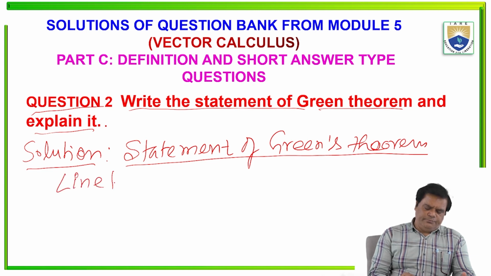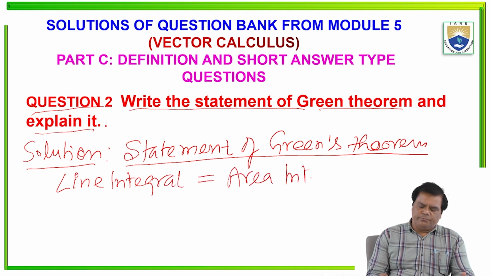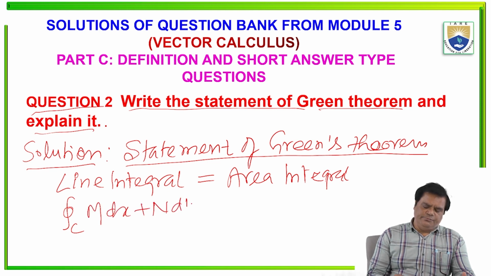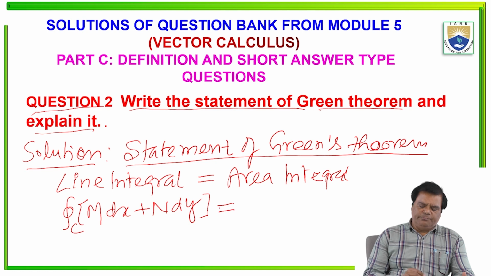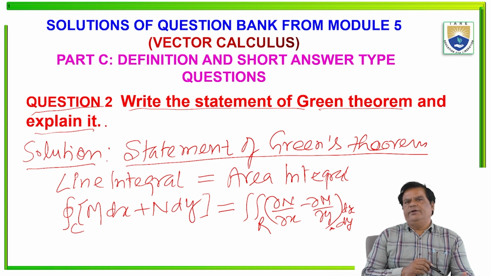Line integral over C of m dx plus n dy equals the double integration over the region R of dou n over dou x minus dou m over dou y, dx dy. This is the statement of Green theorem.